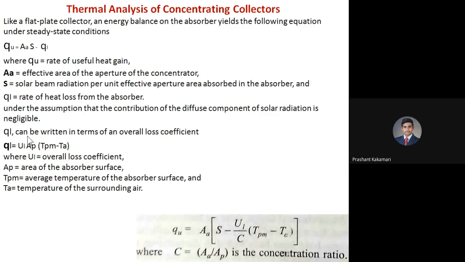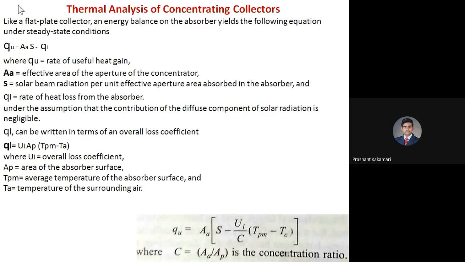In that, the useful heat gain by any collector is given by the area of the absorber, because here we are focusing the useful heat gain only with respect to the fluid which is flowing inside the tubes, inside the receiver. That fluid is going to absorb the heat. That is useful heat.